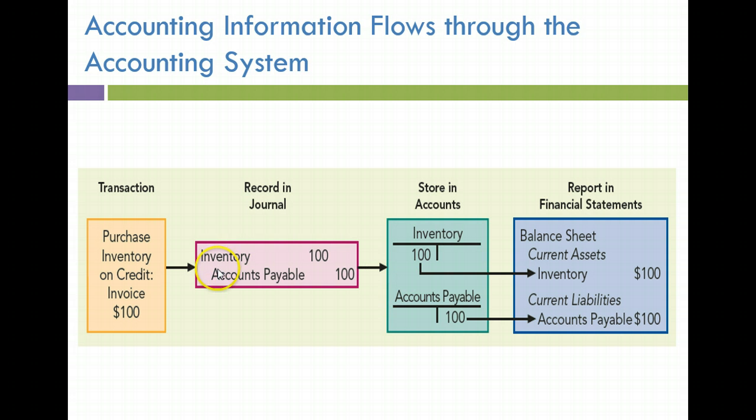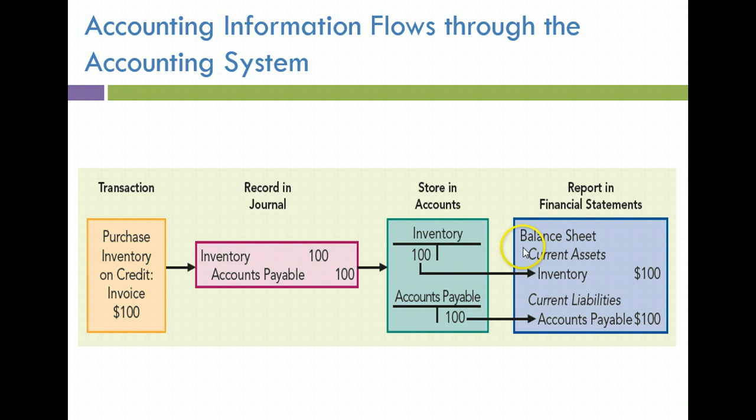Then we post it to the various accounts. So we're going to take our inventory and post it, increase our inventory account 100. We're going to post our accounts payable, increase our accounts payable, that storehouse 100. And then ultimately we're going to put these in financial statements.